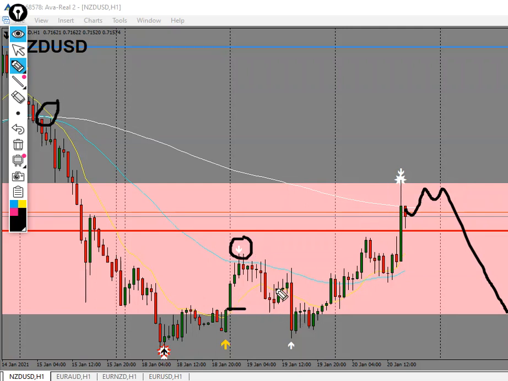So the drawdown might scare you, but eventually they'll move into the intended direction. And remember, you have to take into consideration that they might hit the low 2 times or 3 times. Okay, so this was the first hit, the second hit, and the third hit.